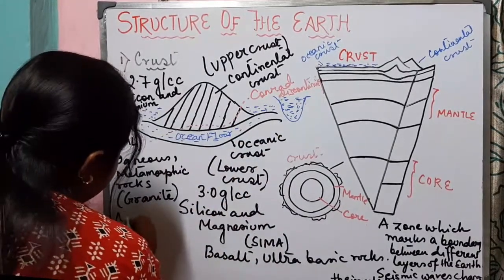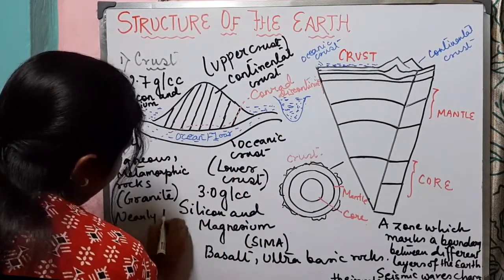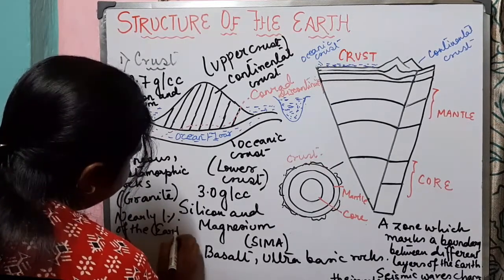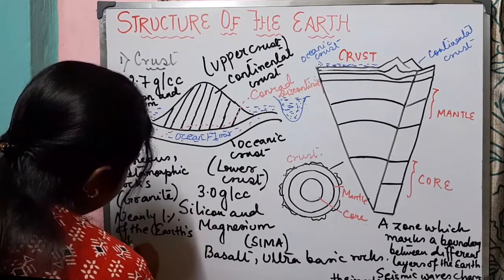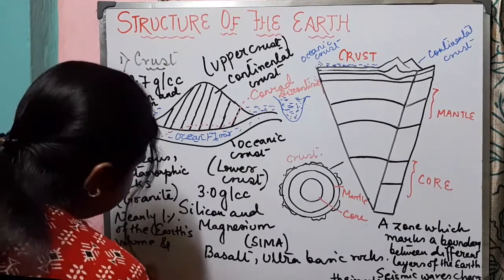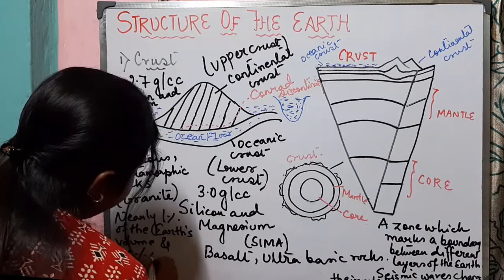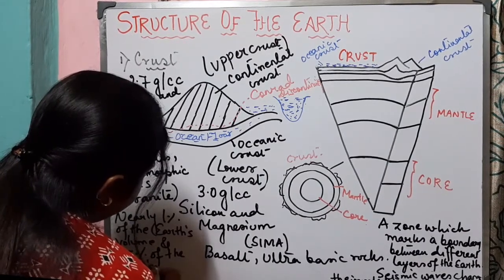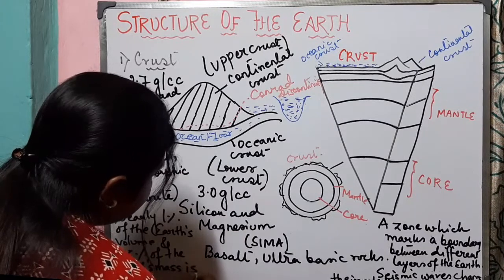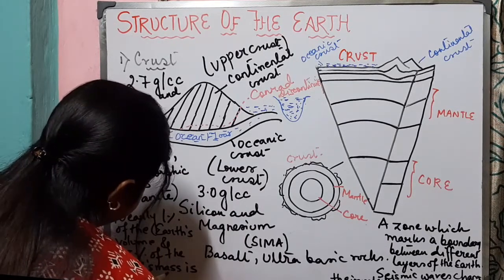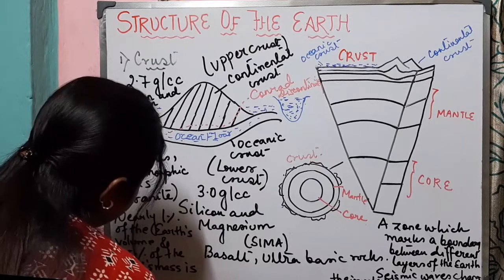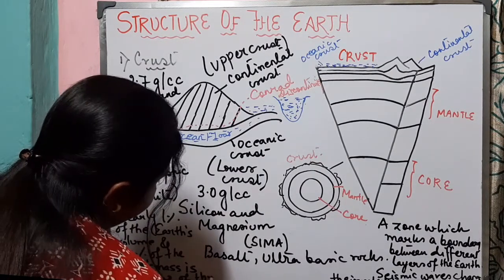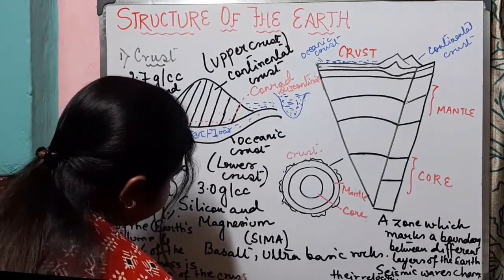Now we will see that nearly 1% of the Earth's volume and 0.5% of the Earth's mass is made up of the crust.